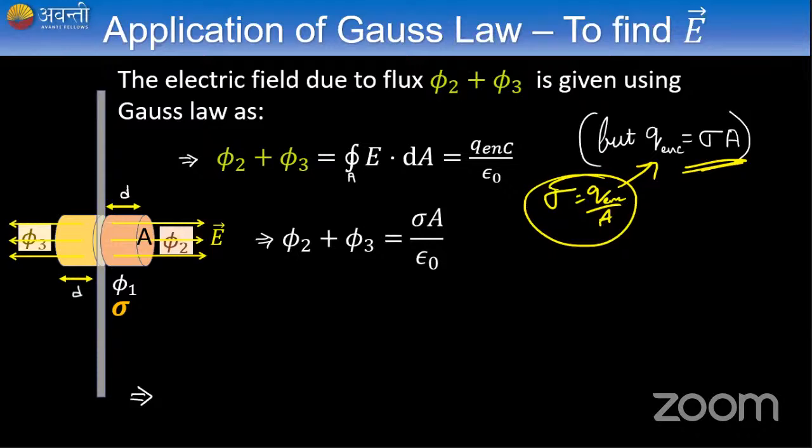See, if anyone is not following, please listen again. The electric flux due to phi1 was 0. Why? Because there is no electric field in this direction. But the electric field due to the planar surface was in both directions, if you remember. What was the electric field? It was E, right?